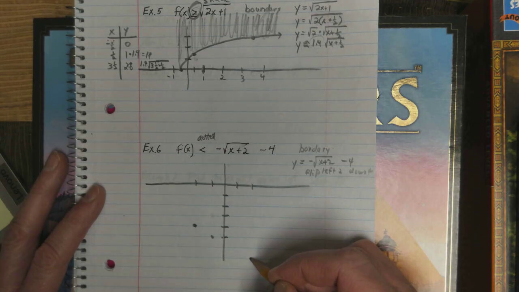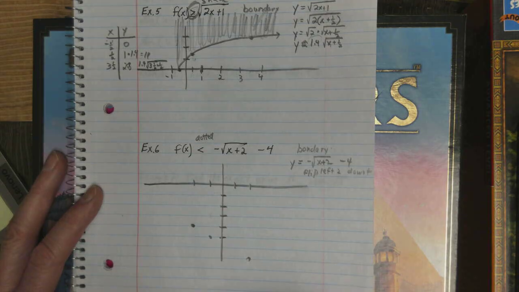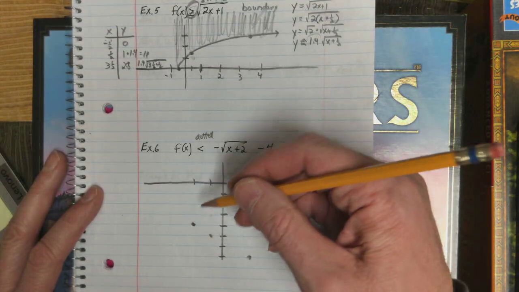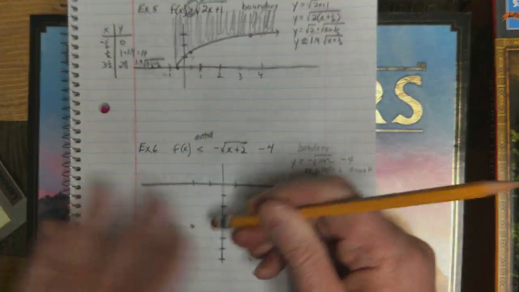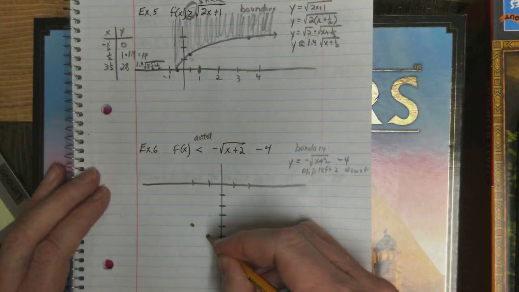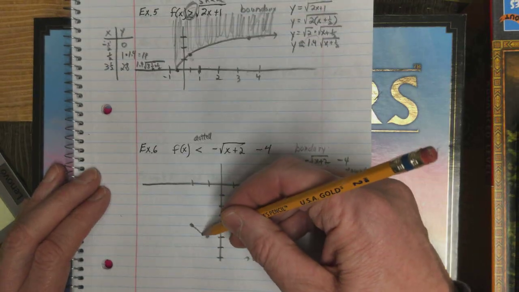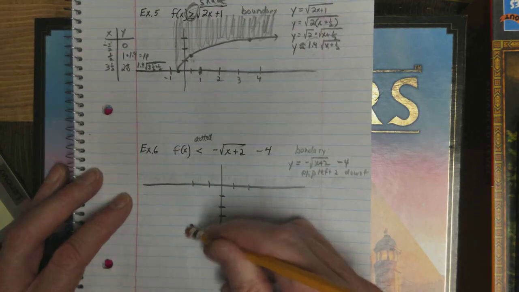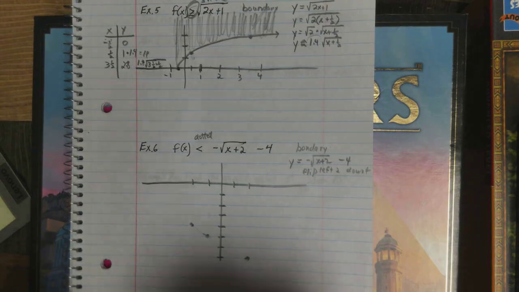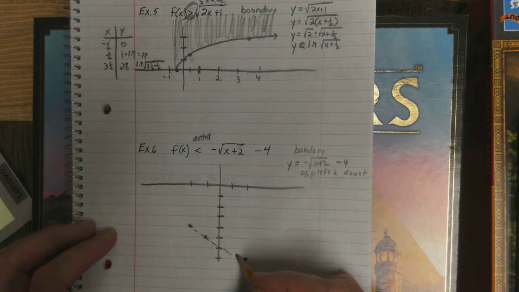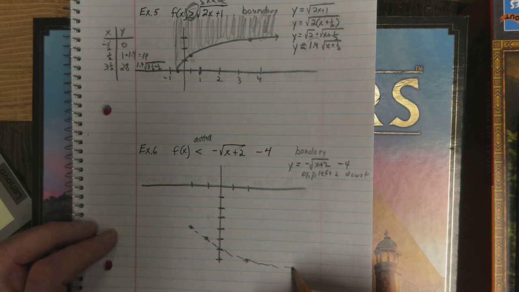So here. All right, so just kind of shift that over a little bit to line up with that a little better. And then dotted. Good thing I'm using a pencil today, huh? Dotted the way this curve goes.